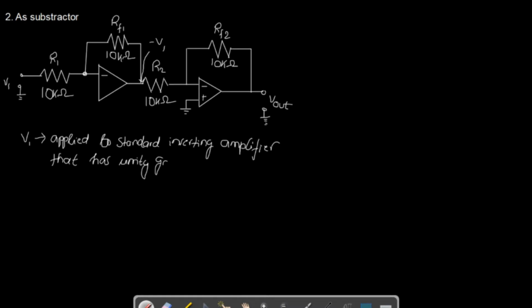So the gain that we are talking about here is actually 1. So you are going to apply this to this particular amplifier, and this has basically a unity gain. So what happens is you are basically going to have an output from here.